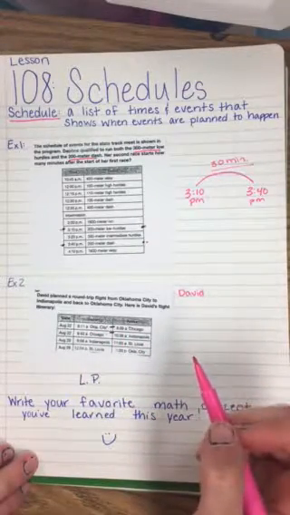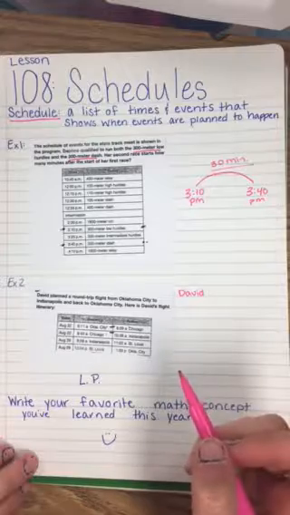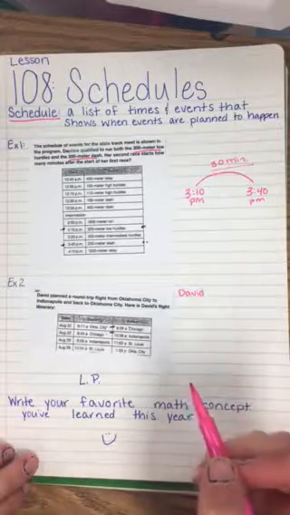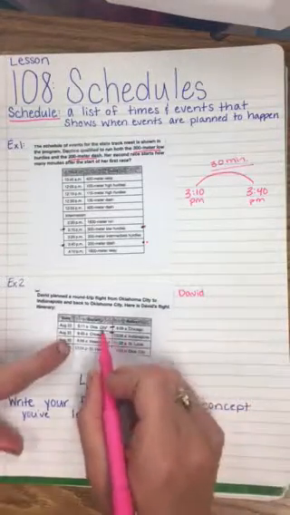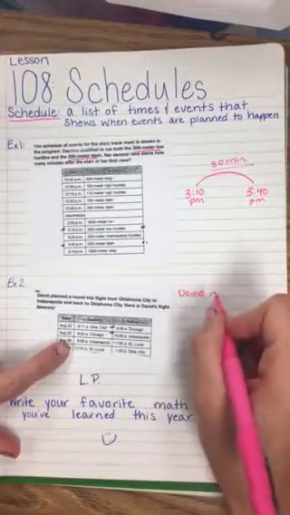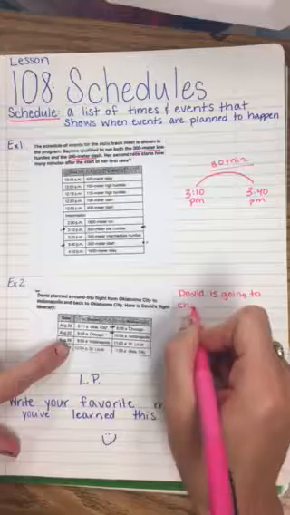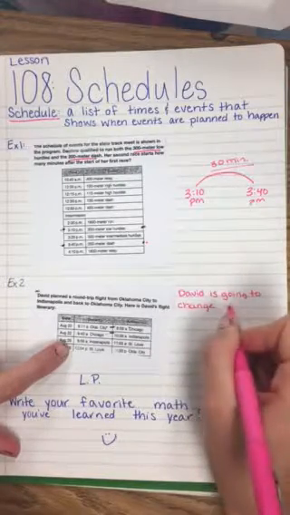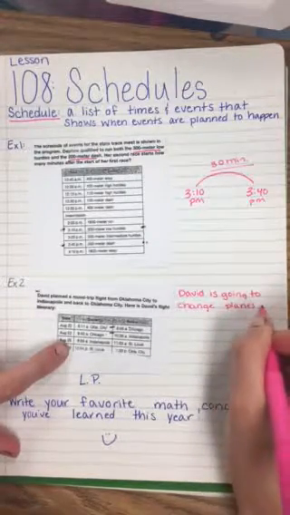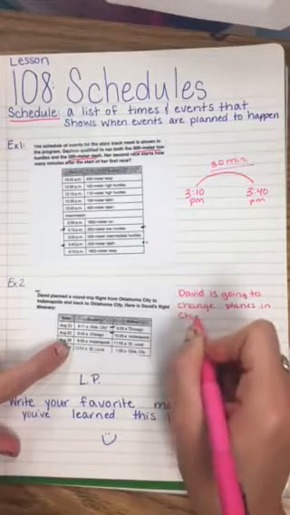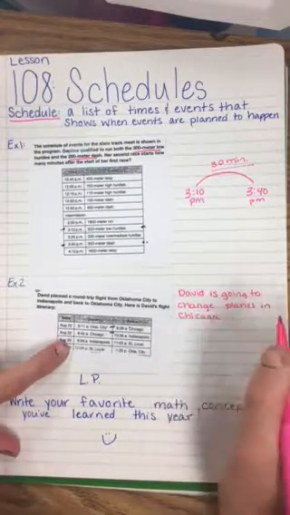In which cities does he change planes, and how much time does David have in the schedule to make these plane changes? So David is going to change planes in Chicago. Okay?